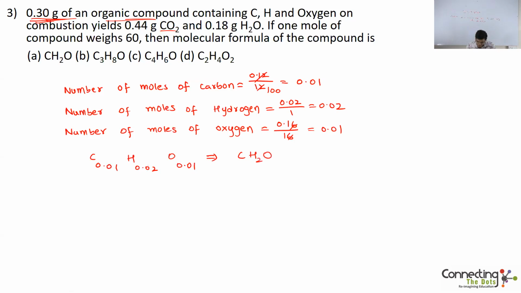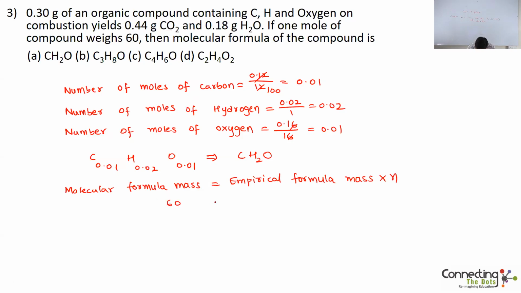Now, how to calculate the molecular formula? So you have a formula: molecular formula mass is equal to empirical formula mass multiplied by N. The molecular formula mass is given in the question, so it is 60.